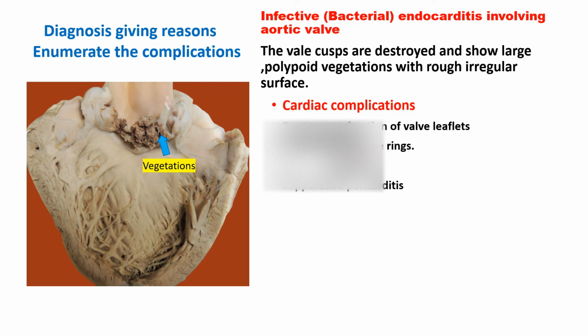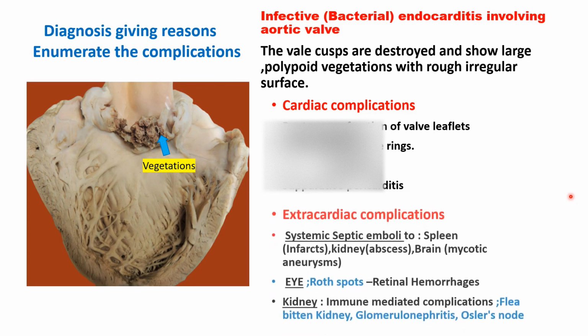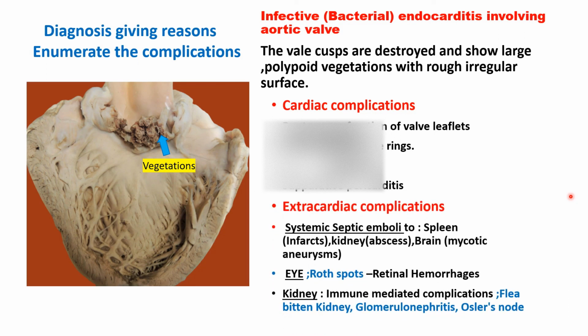There may be abscess around the valve rings. Here you may see valve ring abscess or myocardial abscess. Infection may extend into the myocardial wall or even to the pericardium, leading to suppurative pericarditis. These are the cardiac complications.